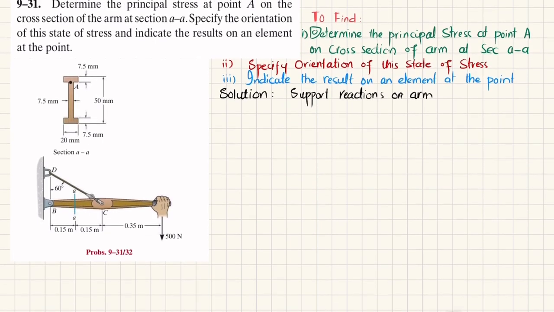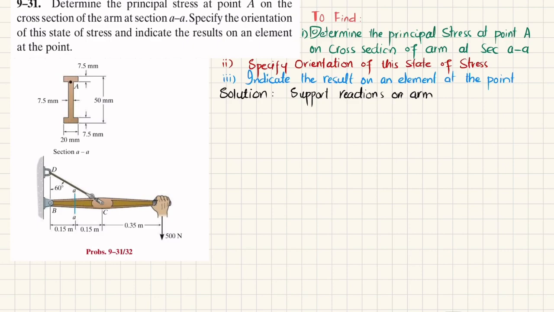You can see this is the arm, and if you remove the pin support at point B, you will have a horizontal reaction force, which is Bx, and a vertical reaction force, which will be represented as By. And this is the rope CD, which exerts a force of FCD on this arm, and that makes this angle 30 degrees, because this is 60, this is 90, and this will be 30 degrees. So we'll apply the equations of equilibrium.